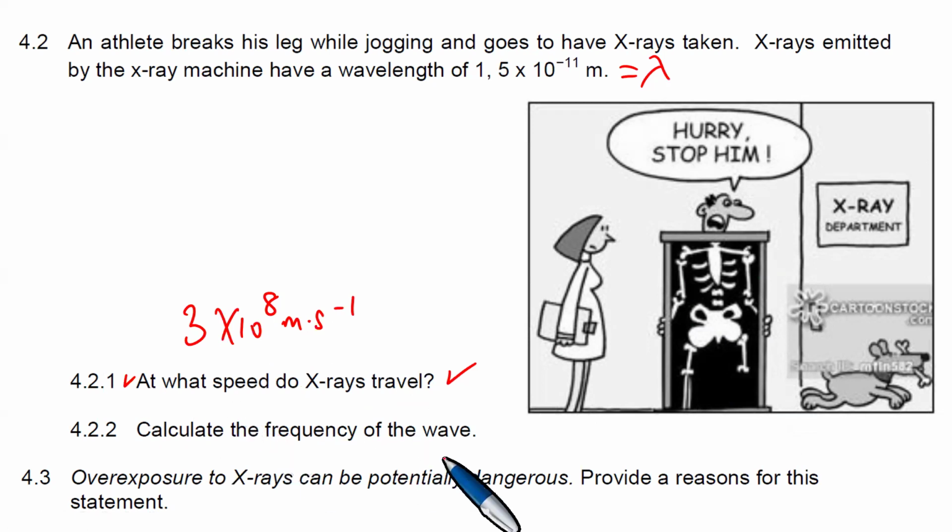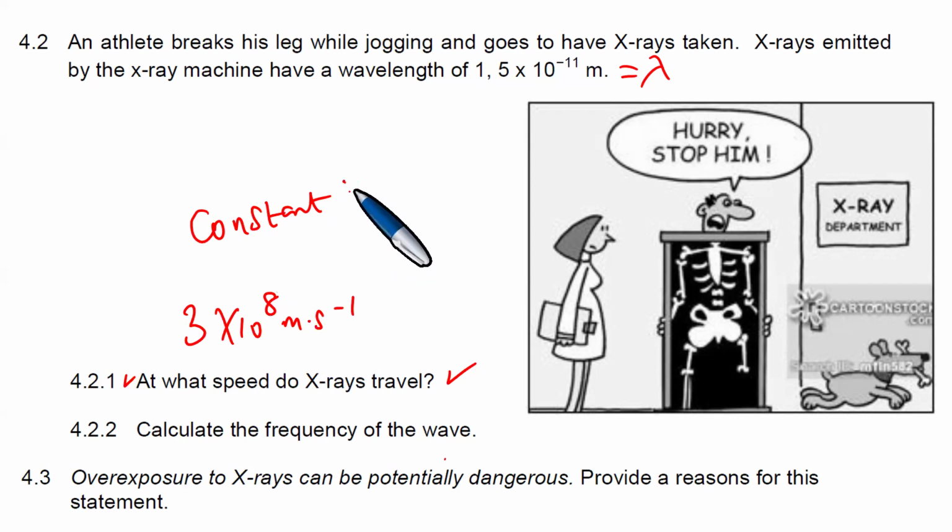Calculate the frequency of the wave. Yes, please. That's a good question. This is a constant. It's always like this. It's always 3 times 10 to the power of 8.